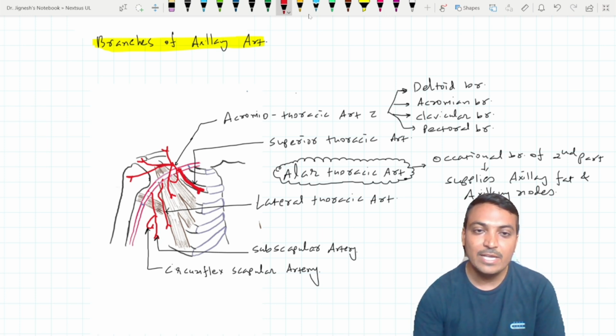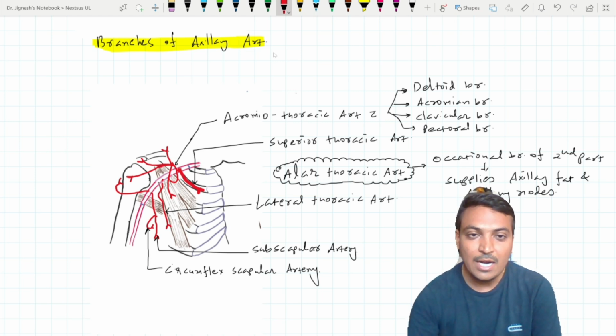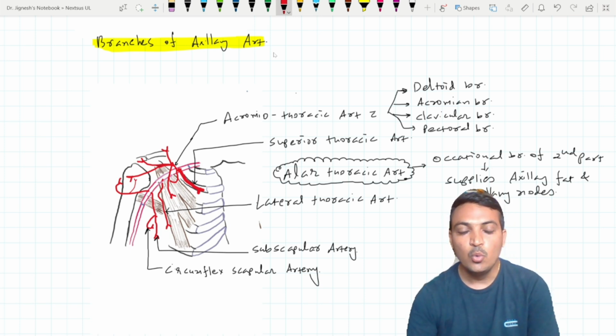The anterior circumflex humeral artery passes in front of the surgical neck of the humerus and wraps around it. It gives one ascending branch which runs within the intertubercular sulcus, or bicipital groove, along with the long head of the biceps tendon.